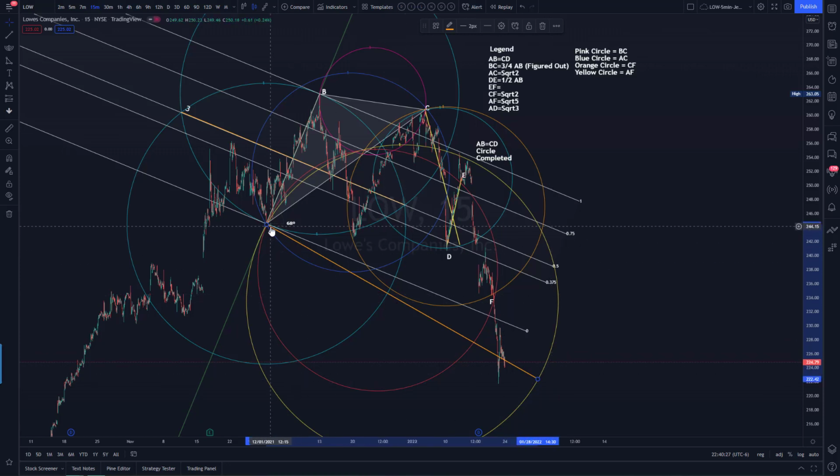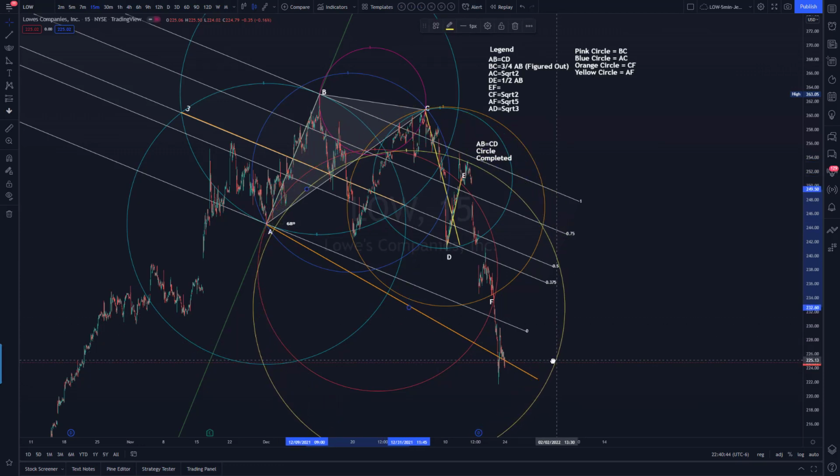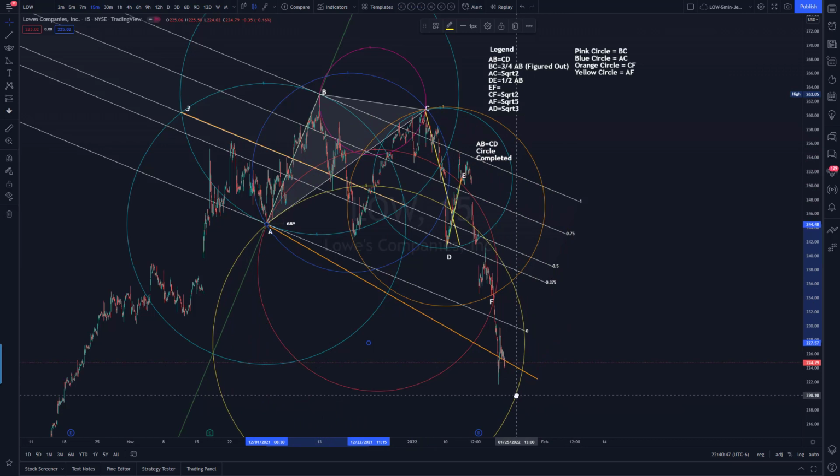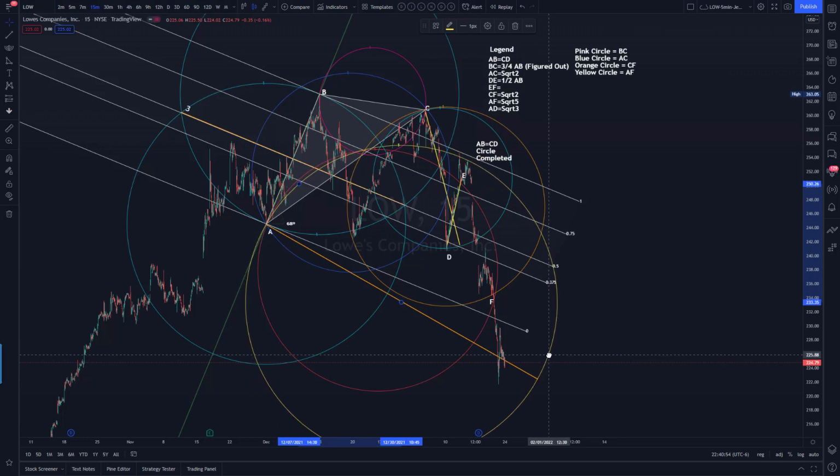I think this would be great timing too, to know F is supposed to end somewhere over here, time-wise. But once again it's subjective, because what if the circle goes up here? I'm just spitballing, but the diameter moves with it as you move the circle. So it's very subjective as to where it could be placed, but it gives you an area of interest for price.